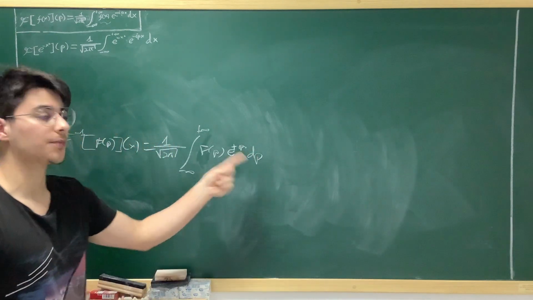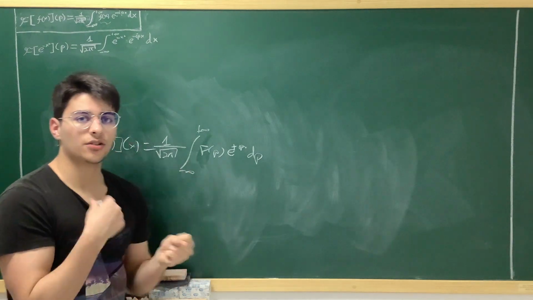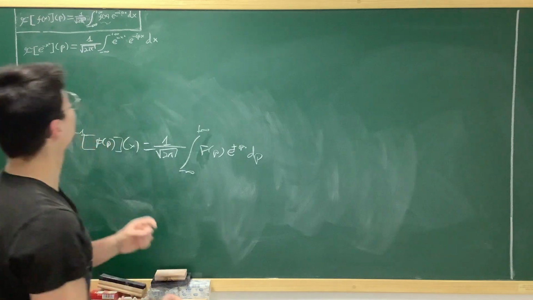In this case, we integrate with respect to p. It's not relevant for the video, okay? You can skip this part. It's just some introduction to Fourier transforms and some interesting comments about it.